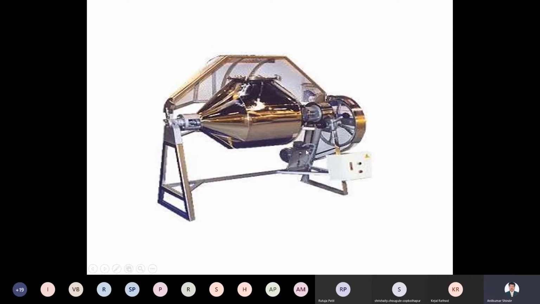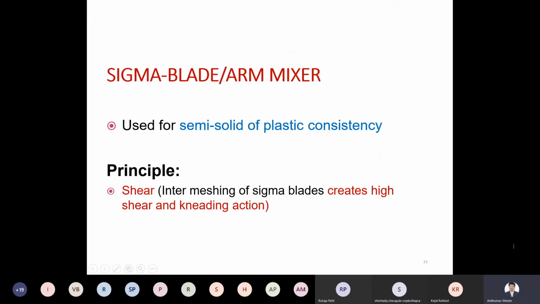The motor is attached with that, and we can adjust the speed with it. Then after this rotation at various speeds and time, you can collect the material from the same vent, right? So this is one more design of the single cone.